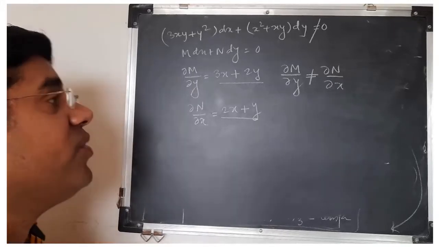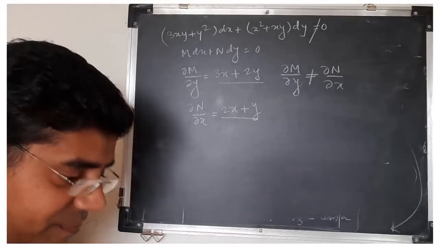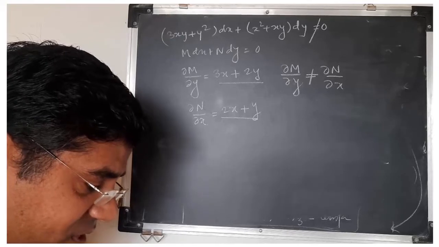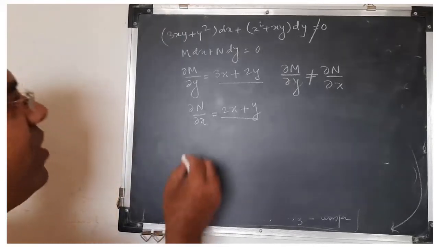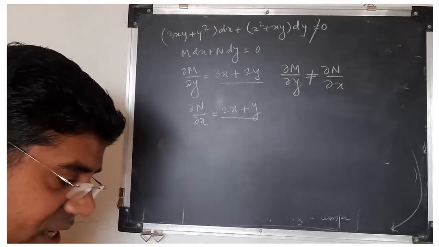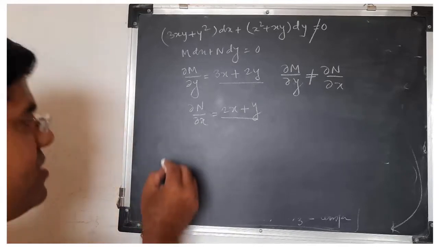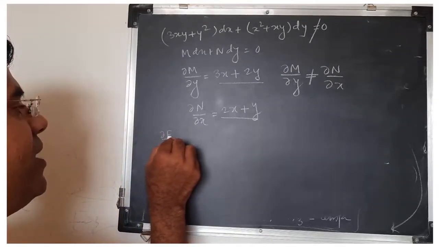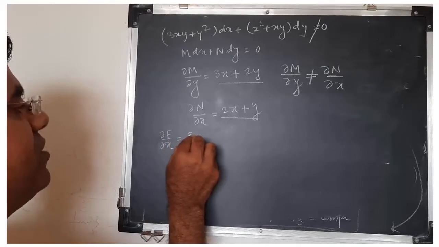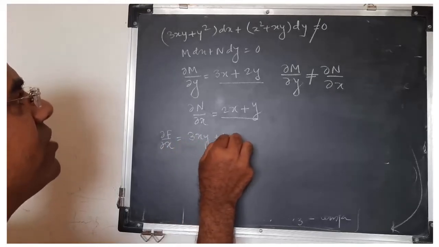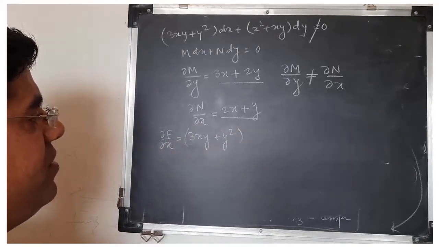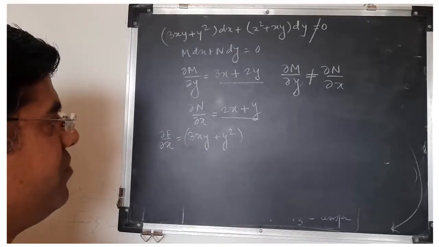Still, suppose you want to find the function f from this particular theory. How can we find it in that case? So ∂f/∂x is 3xy plus y square. I will use the first method.